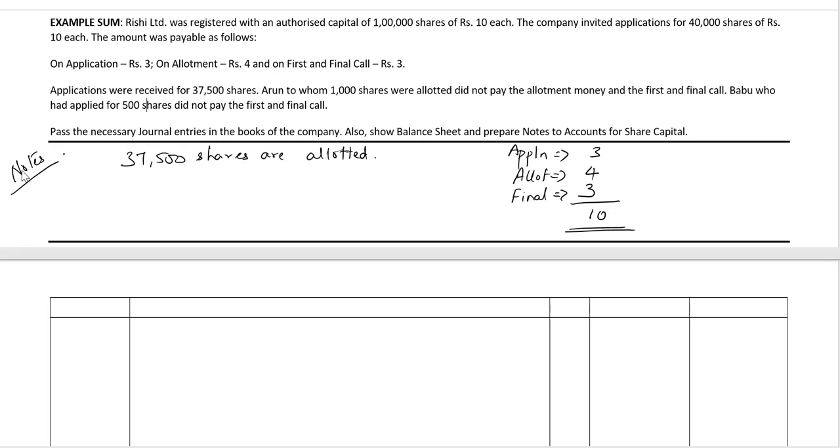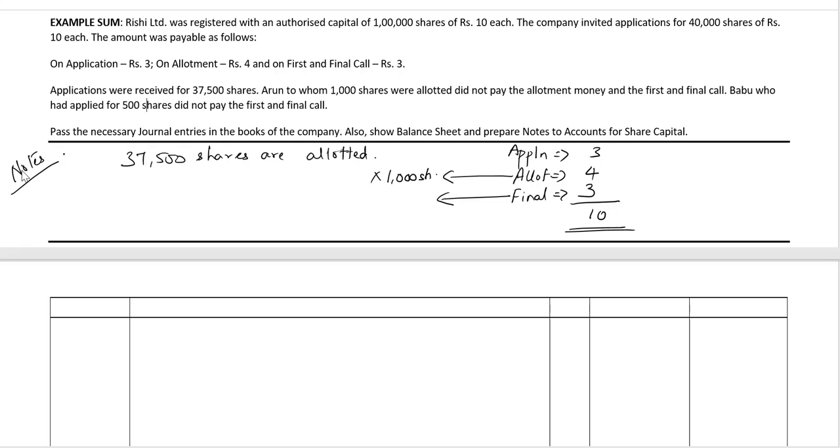Now it says that Arun, to whom 1,000 shares were allotted, did not pay the allotment money and the first and the final call. And Babu, who had applied for 500 shares, did not pay the first and the final call. So the allotment money we did not receive for 1,000 shares. And the final call money we did not receive for 1,000 shares of Arun.